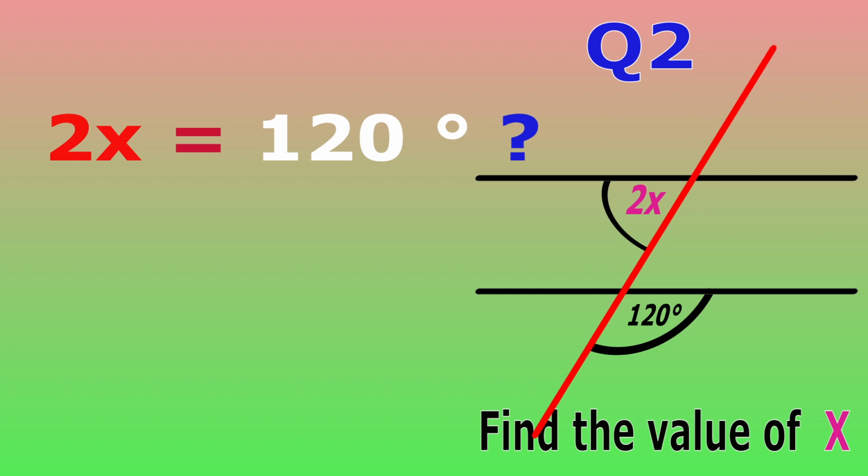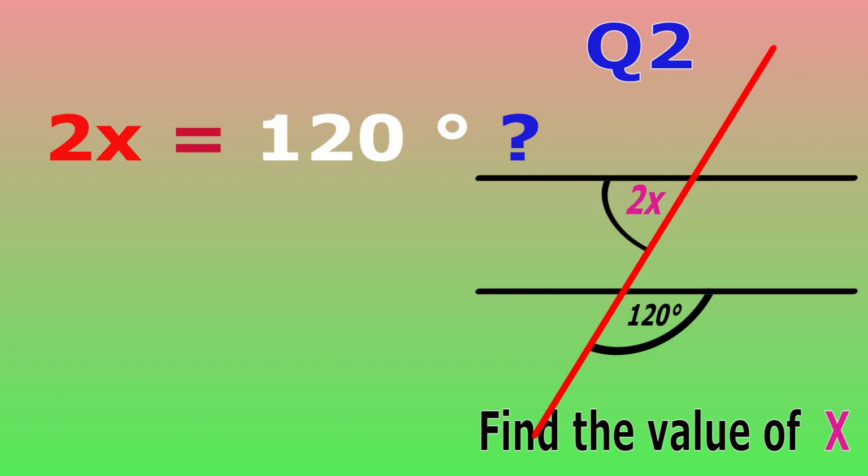Well, remember that alternate pairs are the same size, and so are corresponding angle pairs. So if I suspected that the angle 2x is the same size as a 120 degree angle, I would check to see if the angle 2x is either a corresponding or an alternate angle to the 120 degree angle.